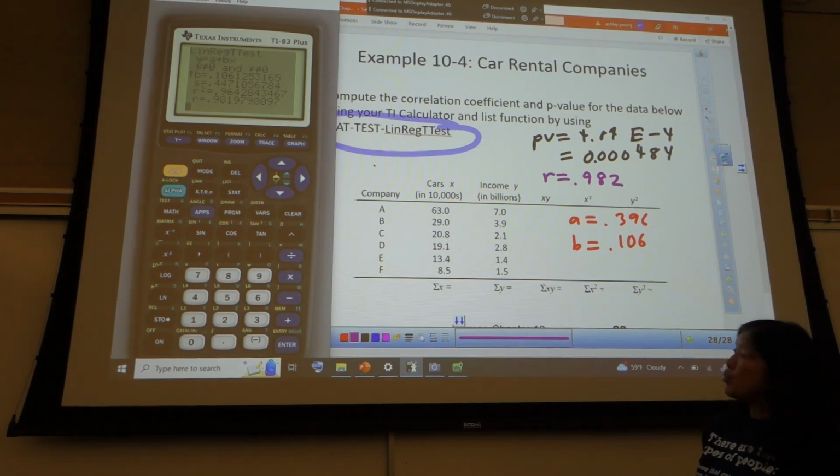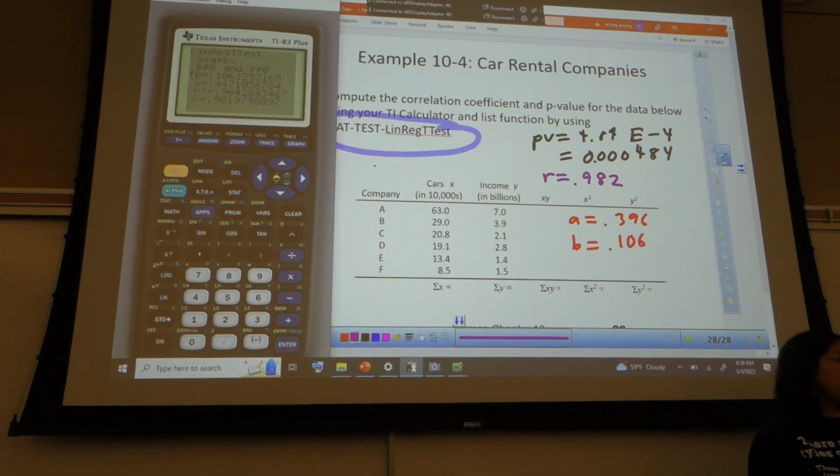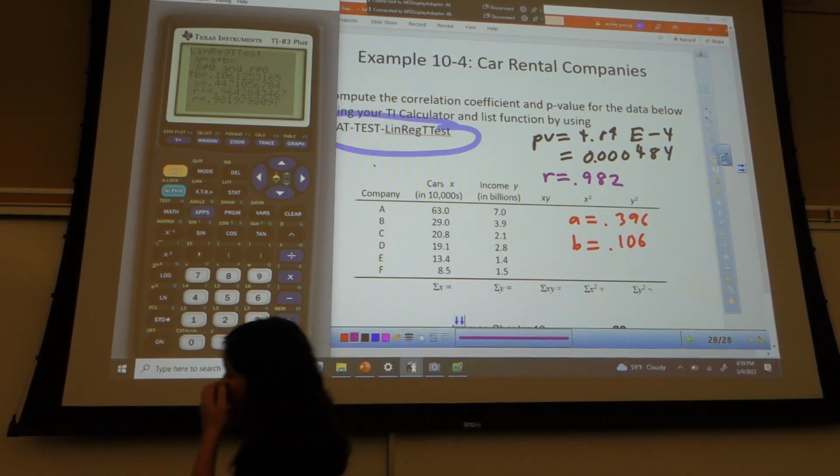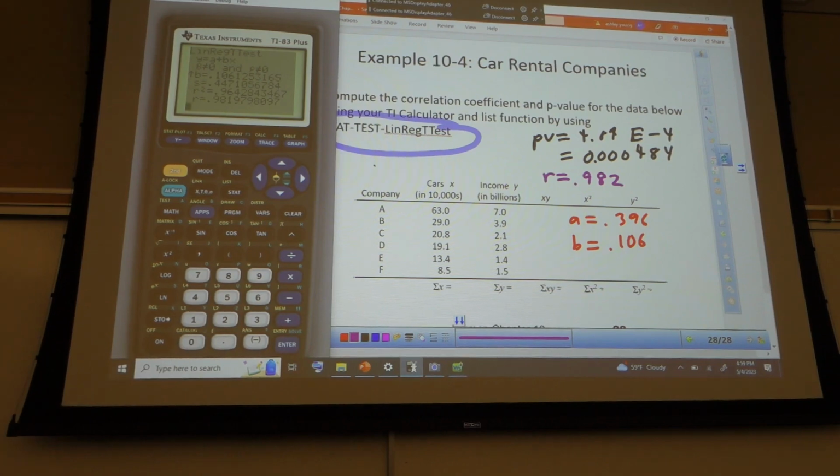A lot of times we might need our y-bar and our x-bar. Our y-bar is our average y, and our x-bar, as we all know, is our average x. So we would do 2-var stats. Again, stat calc 2-var stats of L1, L2. Let's go ahead and grab those while we have them.